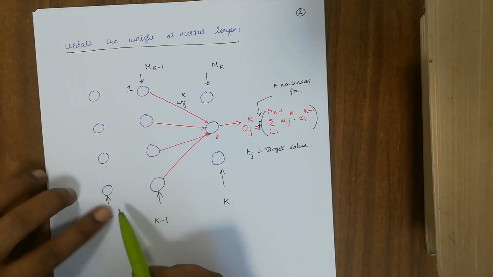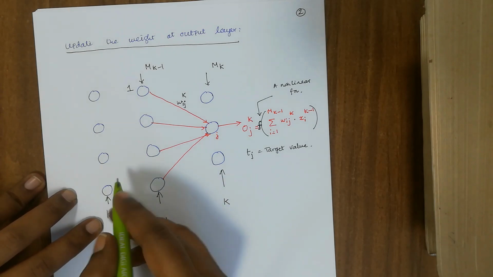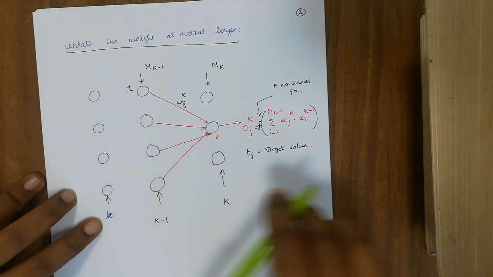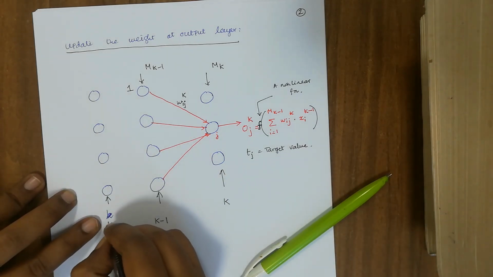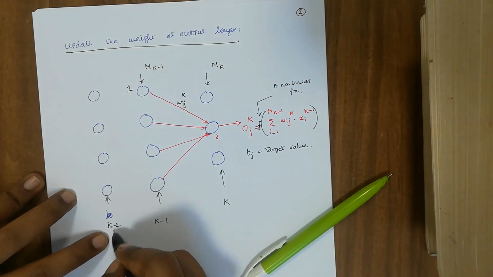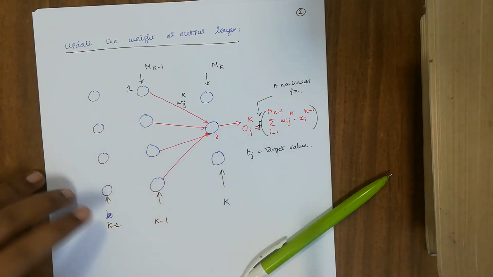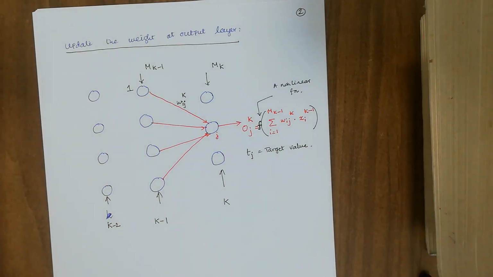Here I have represented any k, but if this is capital K minus 2, one of the hidden layers, we will see this weight updation rule in the next part. Now given this, let us proceed.